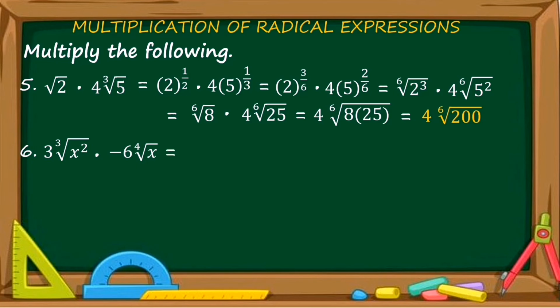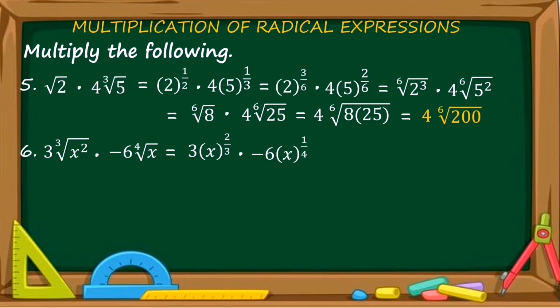So it is equal to 3 times x raised to 2/3. The exponent of the radicand x will be the numerator and then the index will be the denominator. And then times negative 6, then x raised to 1/4. And then let us find out the least common denominator between 3 and 4, and that is 12.